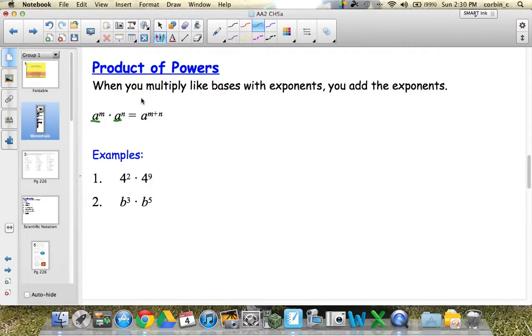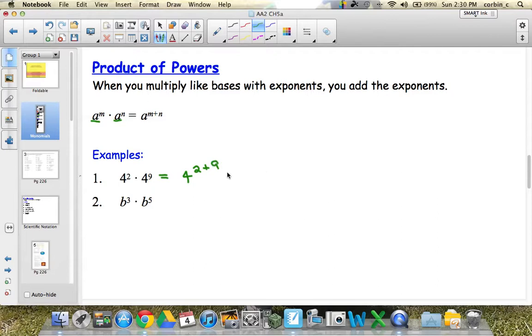So in this first example, we have 4 to the 2nd times 4 to the 9th. The base has to stay the same, just like up here, my a times a. The multiplication is actually going to be taken care of in the exponents. So I'm going to have 4 as my base, and my exponents are going to become 2 plus the 9, which is 11.